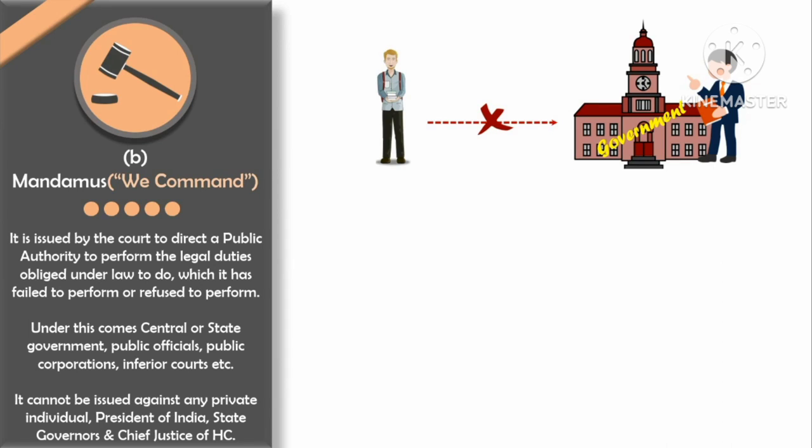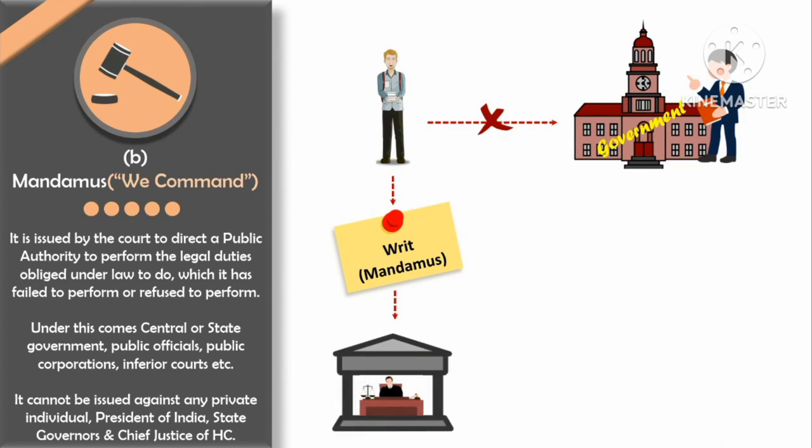In such a situation, the boy can file a writ of mandamus in the court against this institution. After that, the court can take action against this institution. Now suppose this college has discretionary power whether it wants to give admission or not. Like some institutions give admission on a reservation basis, meaning it is not mandatory to admit. In such a situation, a writ of mandamus cannot be issued.